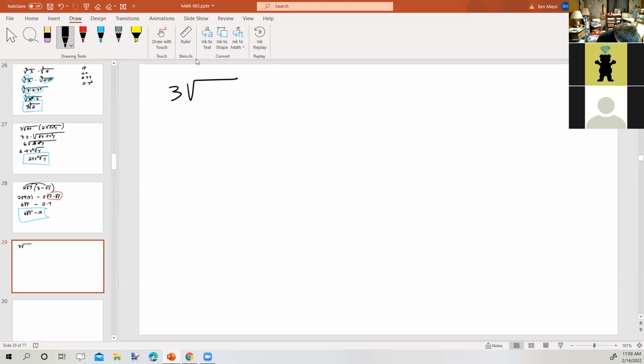3 square roots of 7t times the quantity 2 square roots of 7t plus 3 square roots of 3t, squared. Okay.